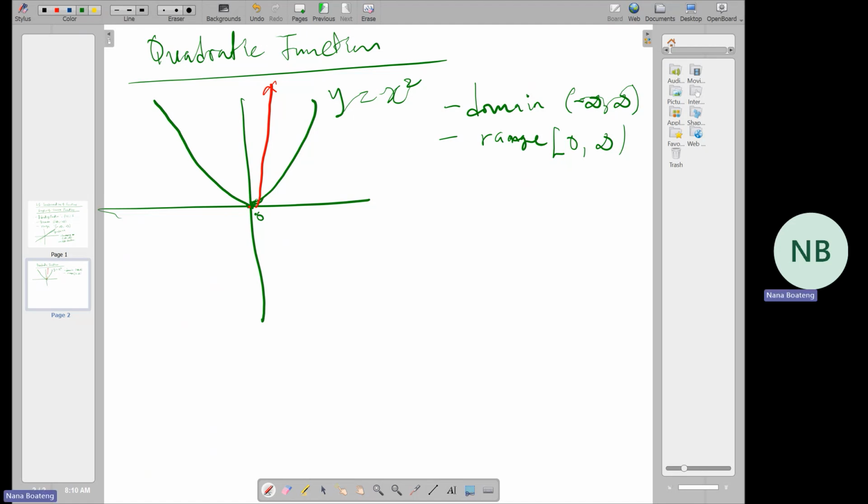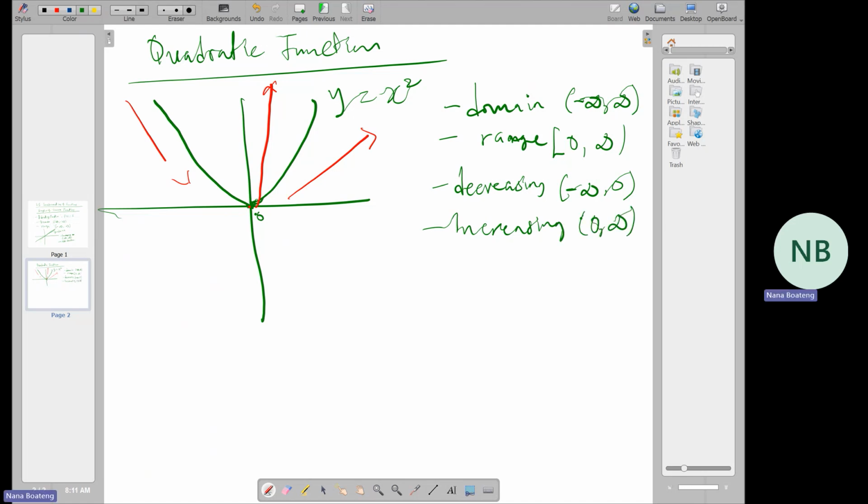It's decreasing on the left side and increasing on the right side. So it's decreasing from minus infinity to 0, and it's increasing from 0 to infinity.